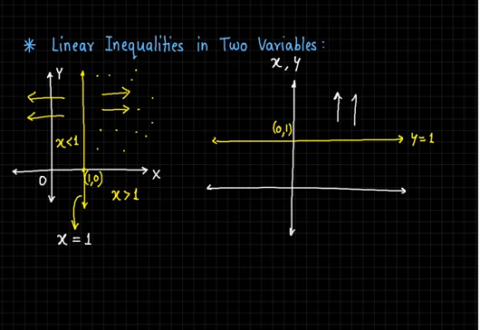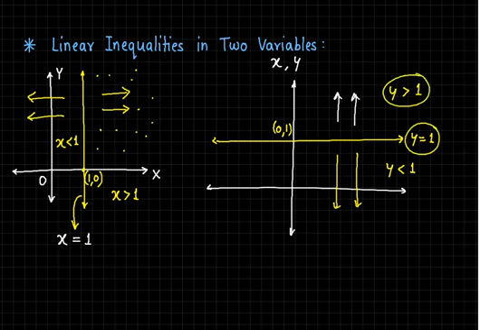The region which lies above this line is the region of y greater than 1, because all points in that region have y coordinates greater than 1, whereas the region below the line represents the inequality y less than 1. So any line divides the xy plane into three regions: first, the line itself, which represents the equality, and the two remaining regions which represent the greater than and less than inequalities.